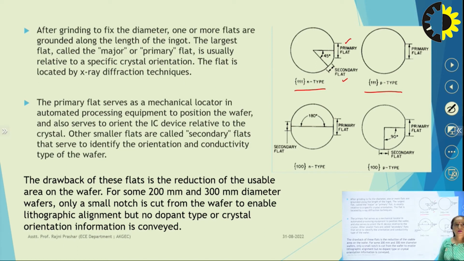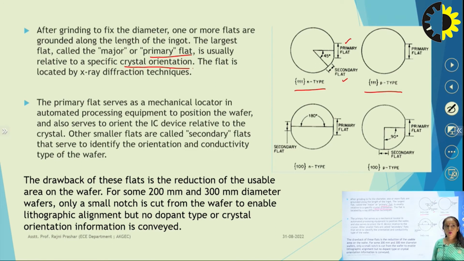The largest flat is called the major or primary flat and is usually used to specify the crystal orientation, and this flat is located by the X-ray diffraction technique. The primary flat serves as a mechanical locator in the automated processing equipment to position the wafer, and also serves to orient the IC devices relative to the crystal.